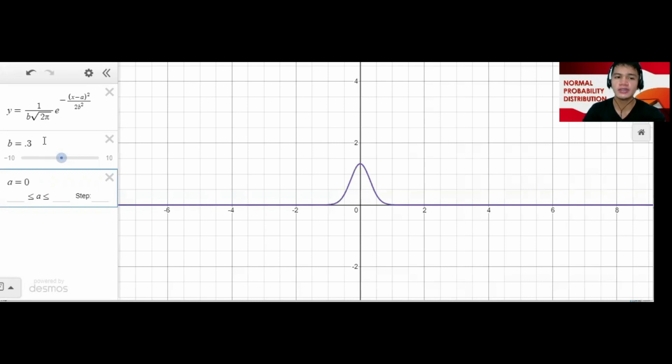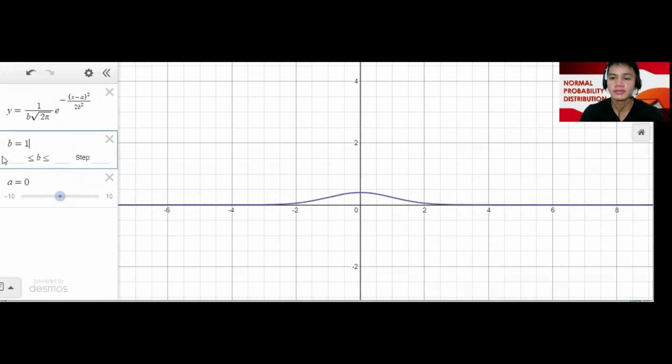Let's change the values of our standard deviation below. How about let's make it 1, 2, 3, 4. As you can see, as the standard deviation increases, our normal curve becomes wider and shorter.